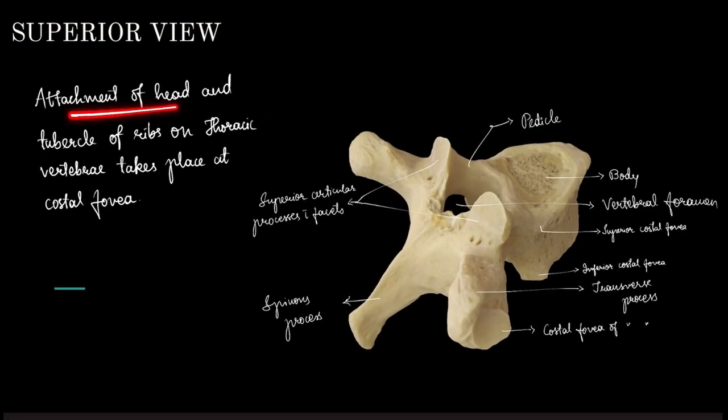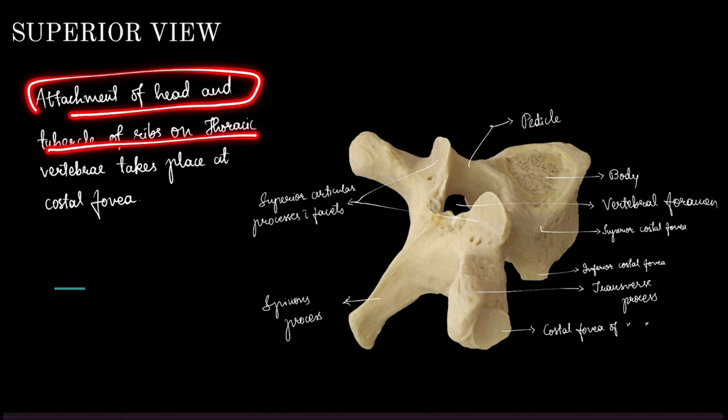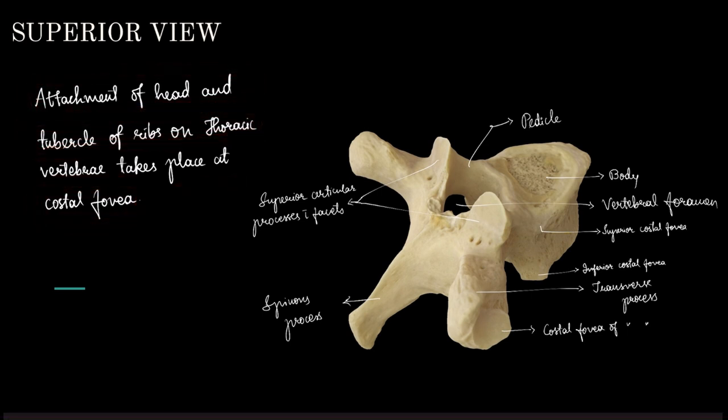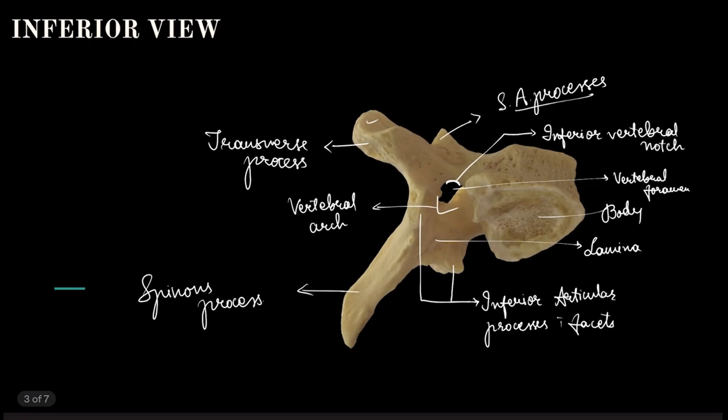So attachment of the head and tubercle of ribs on thoracic vertebrae takes place at the costal fovea, and depending on where they are located, the names change: costal fovea of transverse process, superior costal fovea, and inferior costal fovea.